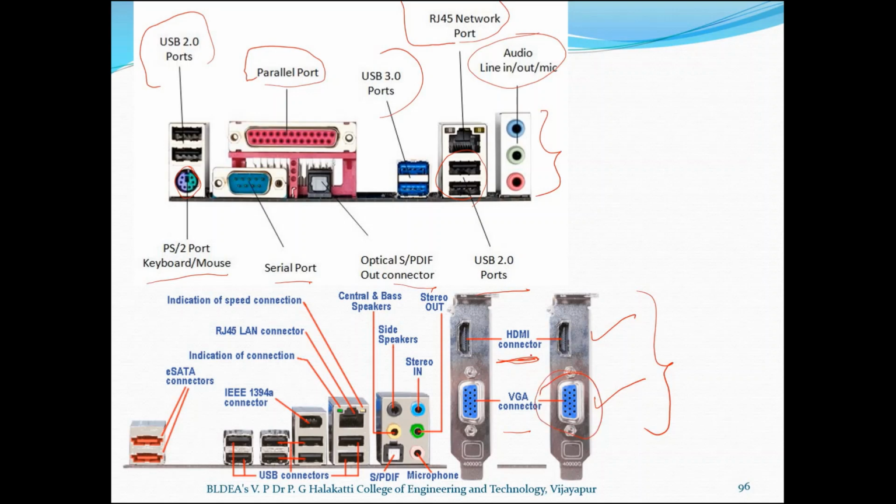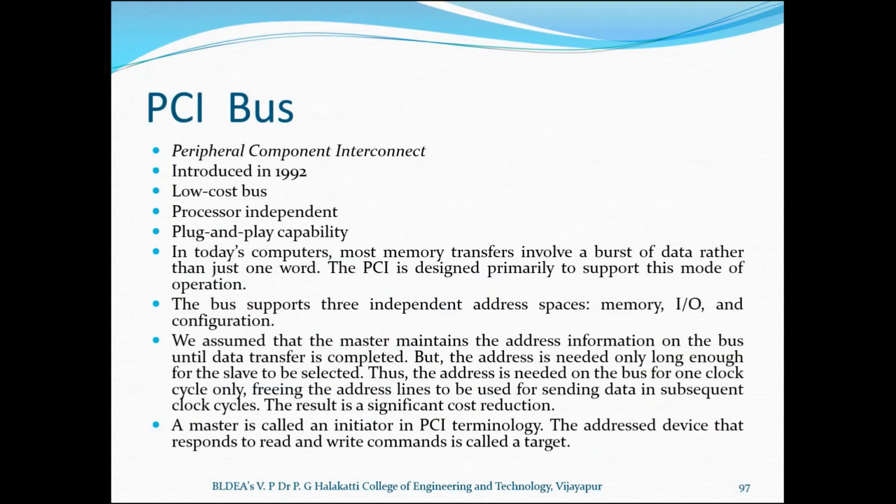So if we buy a system with an HDMI connector, then I have to have an extension cord so that I can connect my system to the projector. Now similarly we have here connections for speakers, stereos, this is for bass, and this is for LAN connection. SATA, many USB connections, microphone connections. So this is how it looks from the outside.